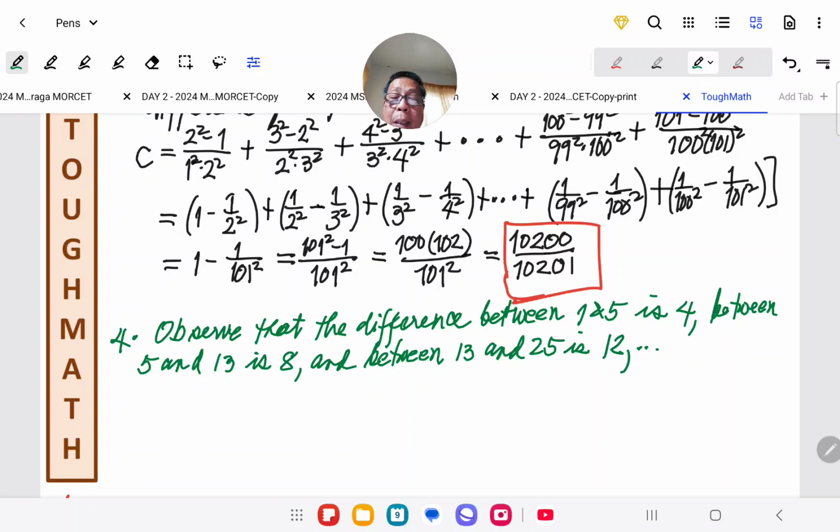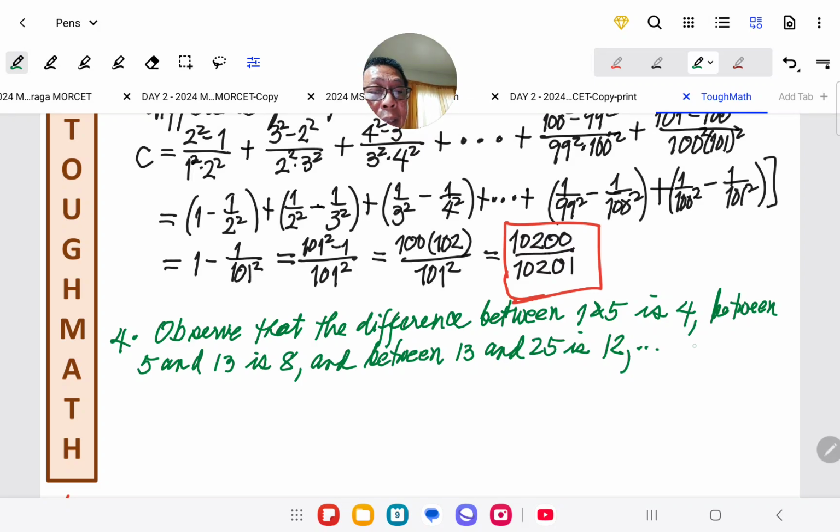And notice that 4, 8, 12 corresponds to 1, 2, 3, meaning 4 times 1 is 4, 4 times 2 is 8, 4 times 3 is 12. So that is the pattern that exists here.